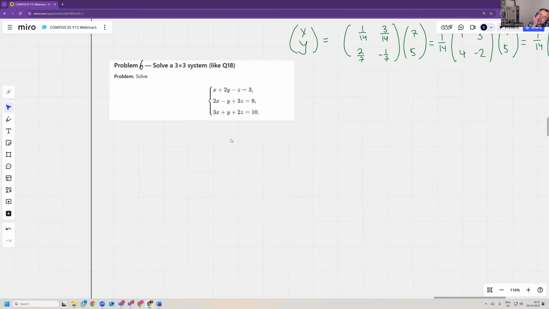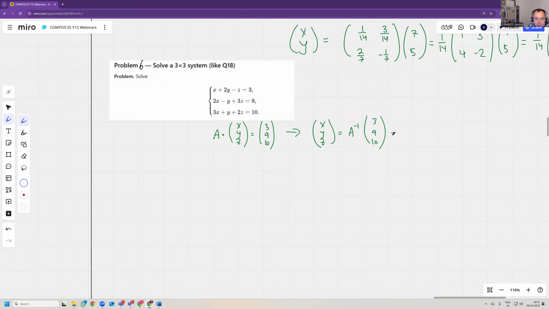Well, of course, 3x3 matrices can be solved easily. So we have matrix A multiplied by x, y, z, and that's equal to 3, 9, 10. And that means that x, y, z can be written as the inverse of A multiplied by 3, 9, 10.